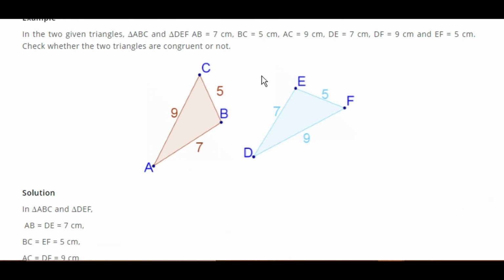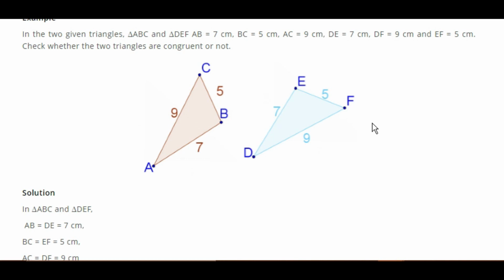Here you can see the example. BC and FE are 5 centimeter, AB and DE are 7 centimeter, and AC and DF are 9 centimeter. So what are the corresponding sides?